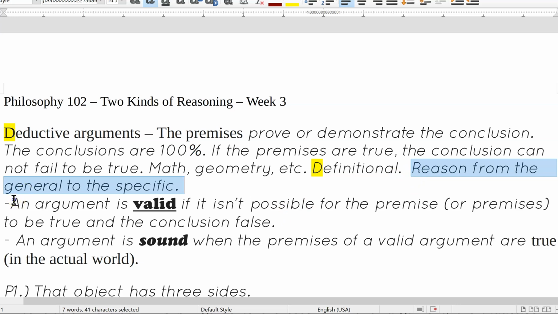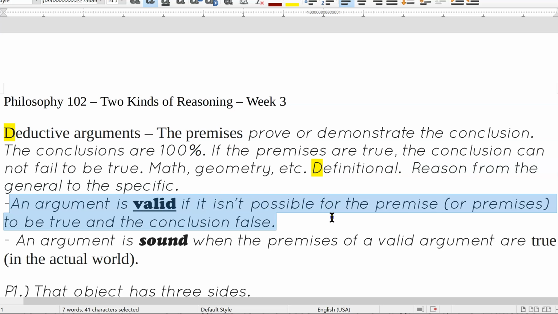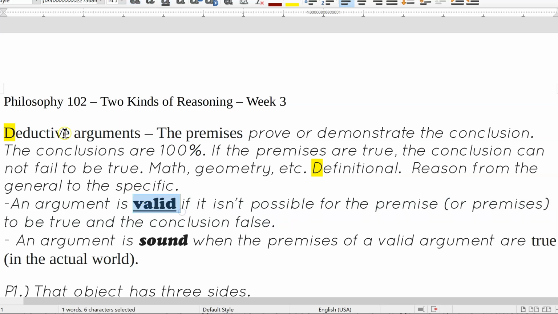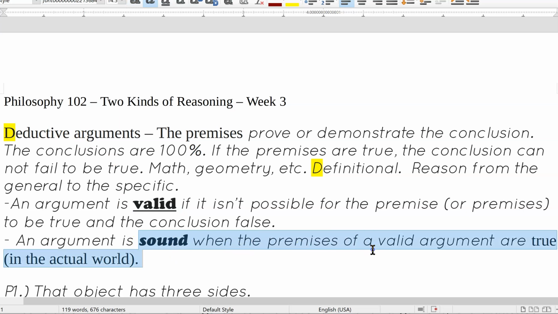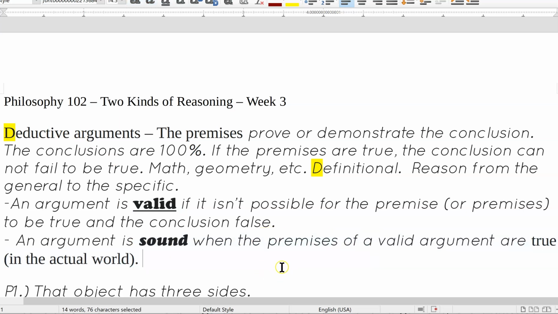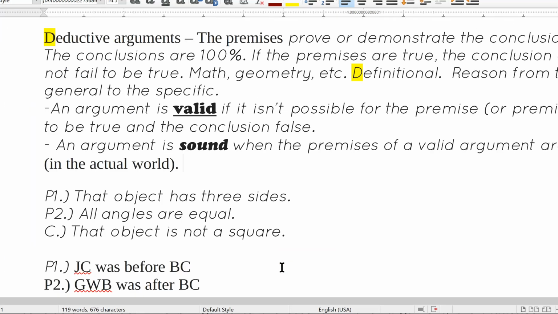An argument is valid if it isn't possible for the premise or the premises to be true and the conclusion false. This validity is only a concept in deductive arguments, and an argument is sound when the premises of a valid argument are true. Unlike this example we had before.